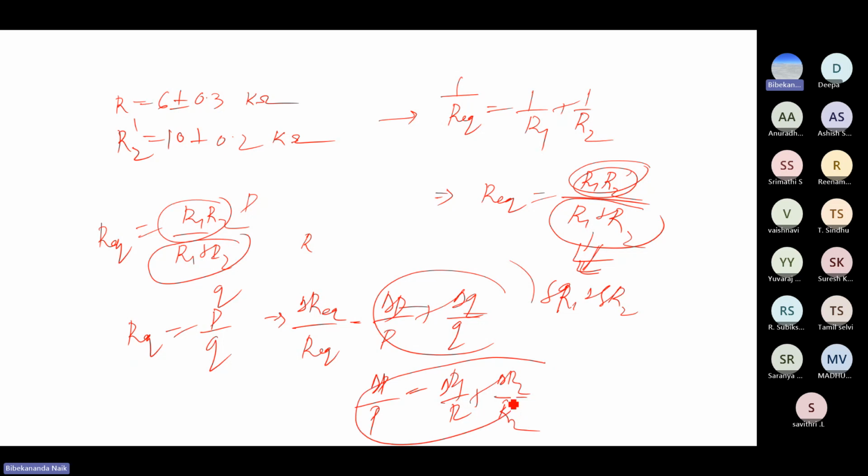For delta Q by Q, delta Q is equal to delta R1 plus delta R2, and Q will be R1 plus R2. Through this method we can calculate. Then after calculating these two values, we will add them, and when you put it, you will find this R equivalent and its error.